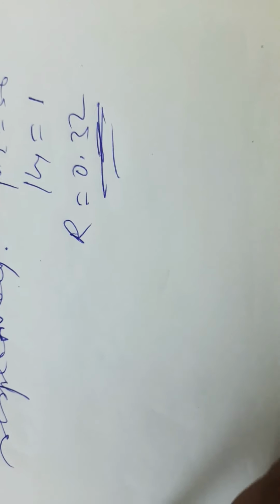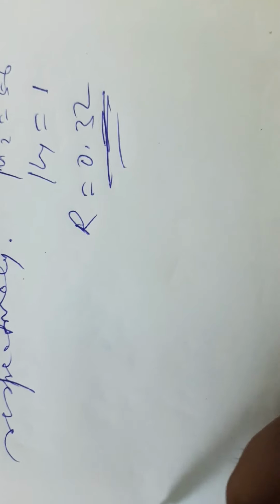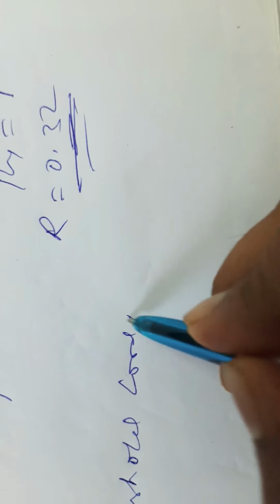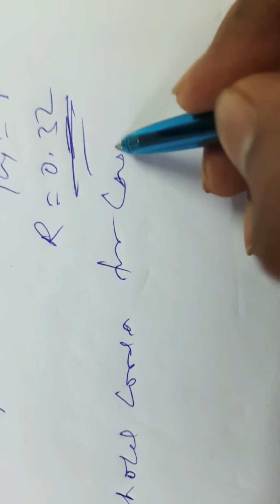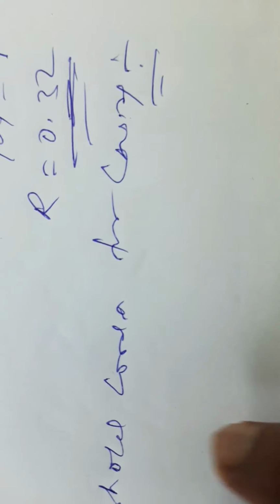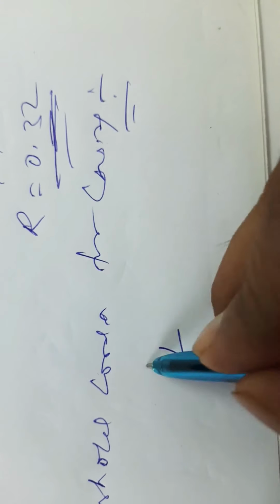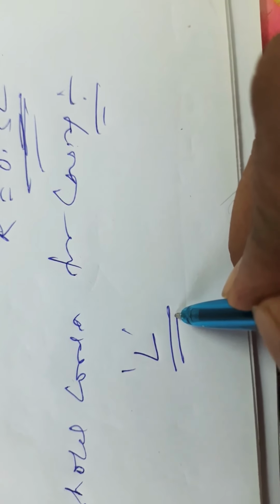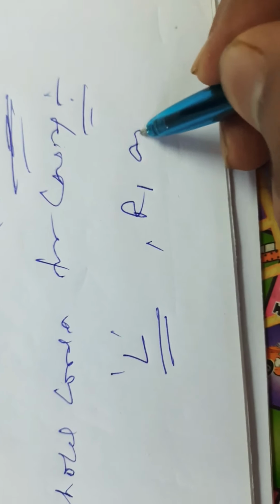Now, the next thing is the threshold condition for lasing. We consider a PN junction diode where the laser cavity is of length L and has mirror-polished sides. We consider the reflectivities of the two ends to be R1 and R2 respectively.